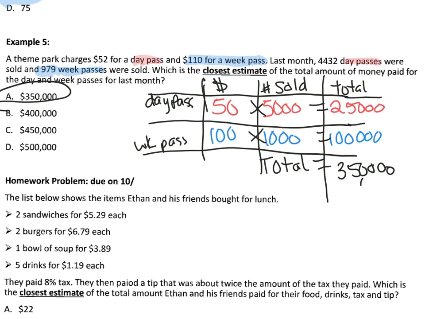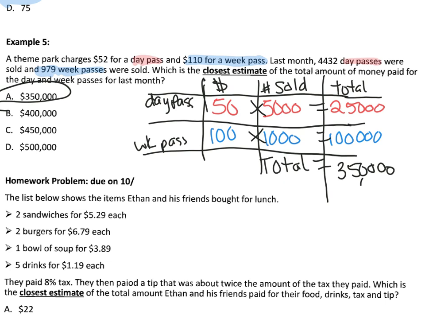This is a section that people either really get or they really don't. If you're a little iffy on rounding and you're like, what I'm rounding to isn't getting me the same numbers, just really try to find those compatible numbers, and I'm sure you will be fine then. If you're thinking, why did Miss Myers round to those numbers?